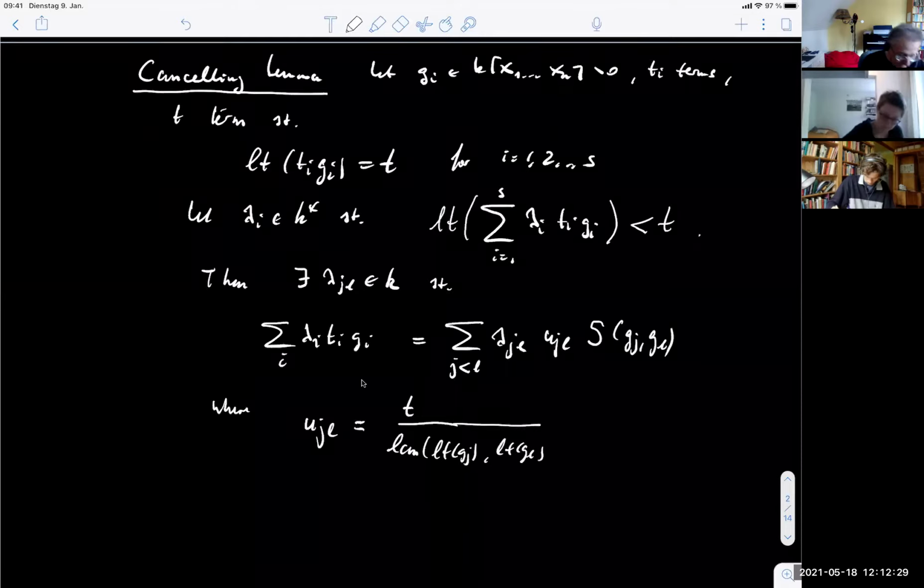I know this is quite technical, but that's how it is. Moreover, the leading term of what we have here is less than T.